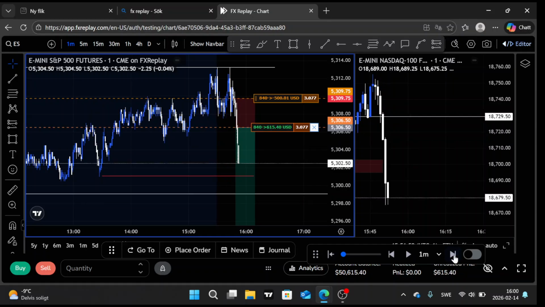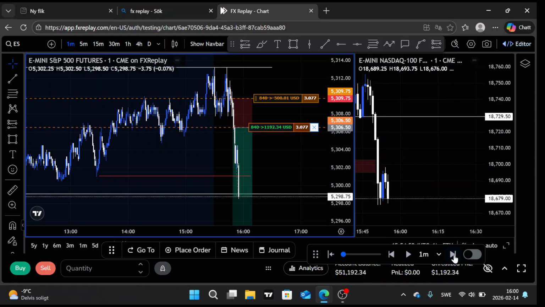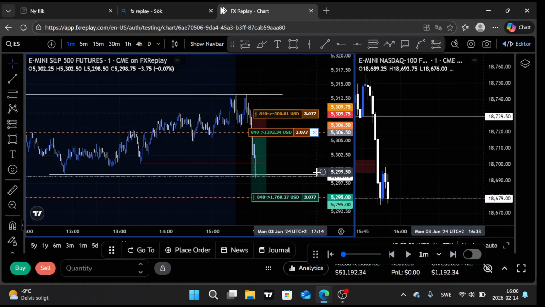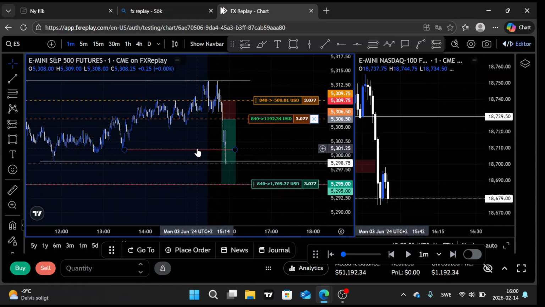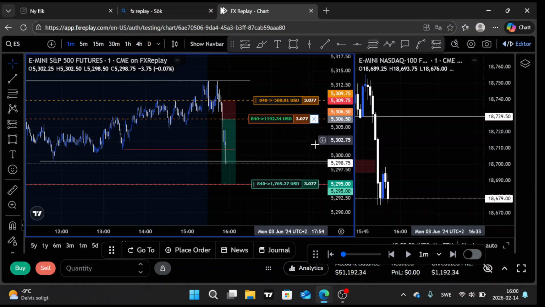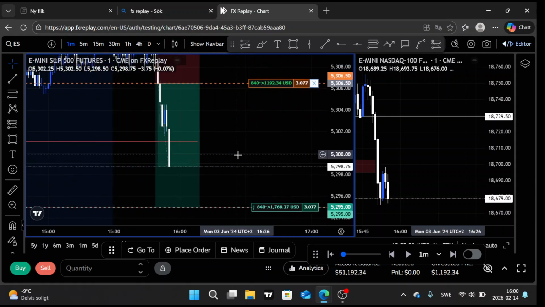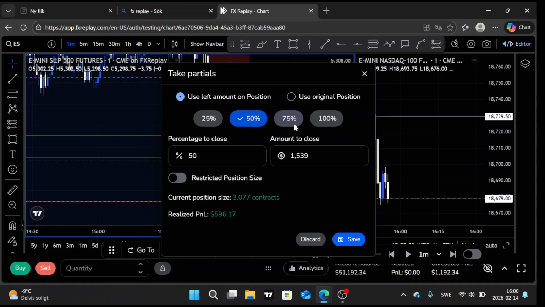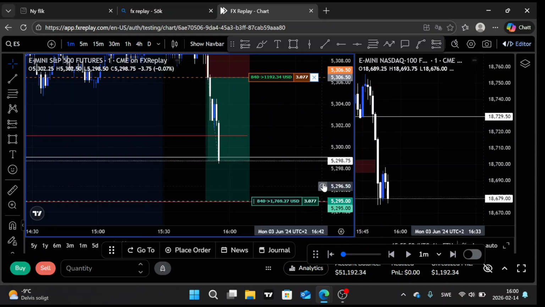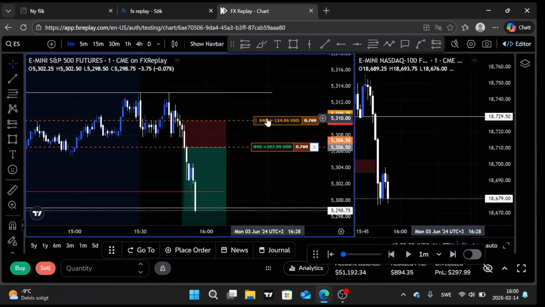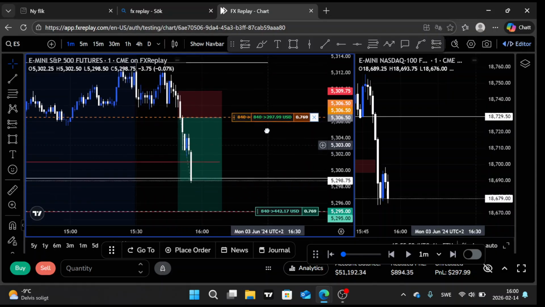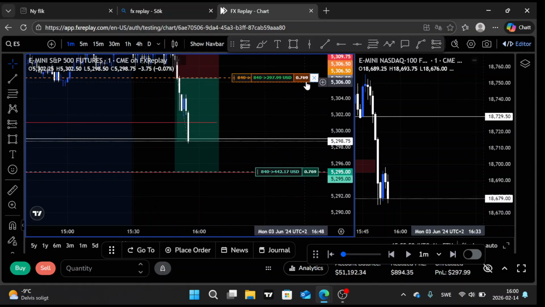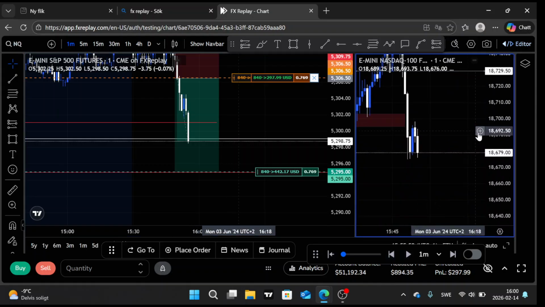Here we go. I would have taken my 50% or 70% off here, and I didn't take that because we had this huge candle downside, so that's why I closed my position with 75%, and I moved my stop loss to entry, and I let the market do its thing.